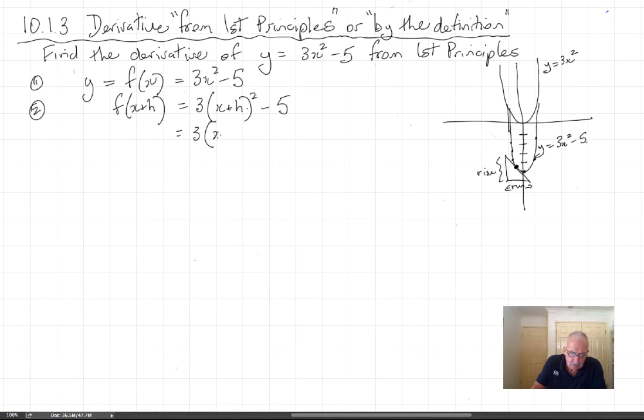We use FOIL: x squared plus 2xh plus h squared, minus 5, and multiply out by 3. Now that 3 is on everything inside the brackets, it doesn't apply to the 5, so that's 3x squared plus 6xh plus 3h squared minus 5. Okay, so that's f of x plus h.